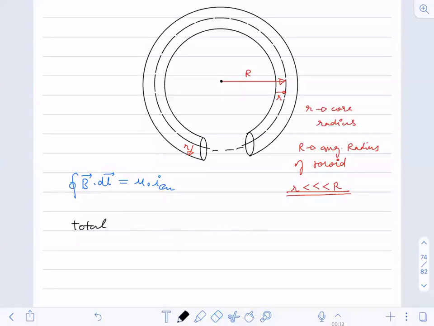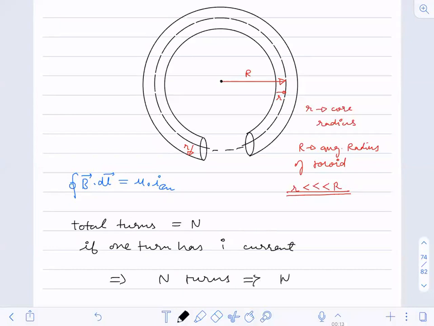So total turns are N. If one turn has I current, this implies N turns will have NI current. Yes or no?